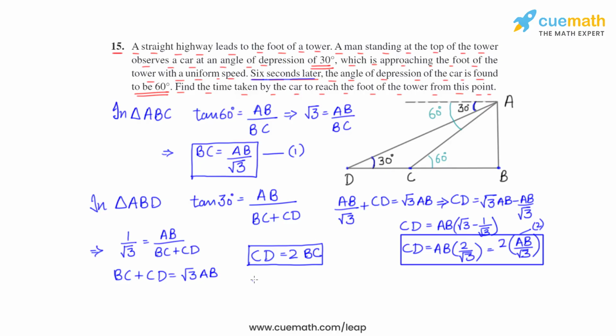So the time taken to cover BC will be half of the time taken to cover CD. It means half of 6 seconds, that is 3 seconds. So the car will take 3 seconds to reach the foot of the tower from point C.